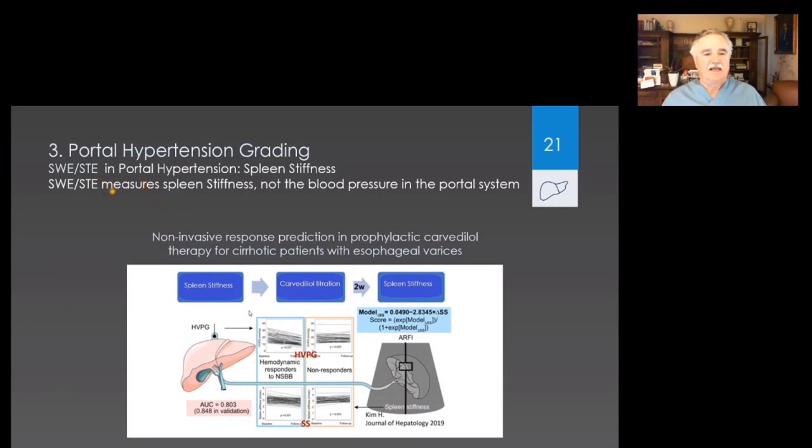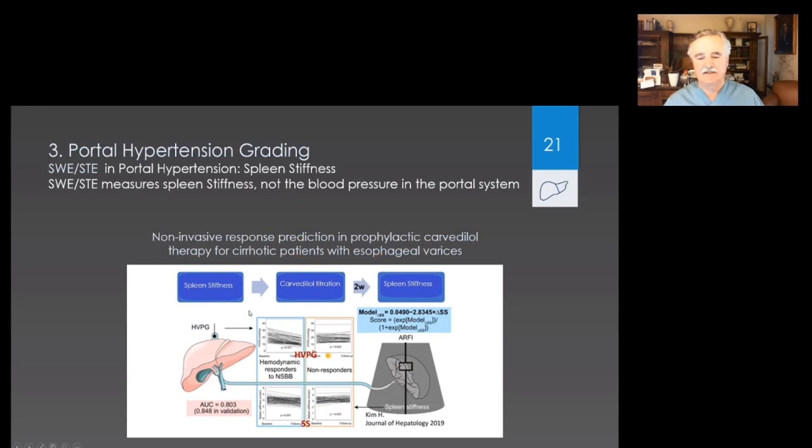Shear wave elastography measures spleen stiffness, but it is different from measuring the blood pressure in the portal system. This is a trial measuring the spleen stiffness before and after a prophylactic carvedilol therapy in cirrhotic patients with esophageal varices.